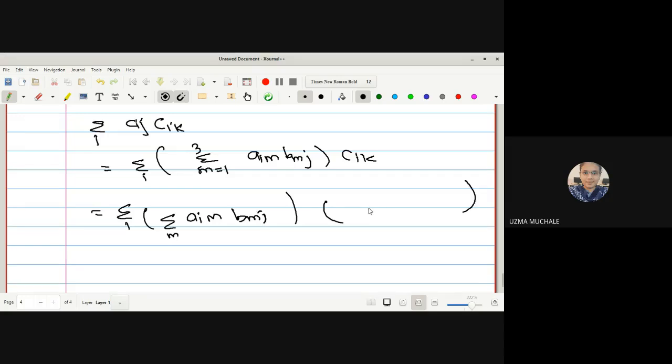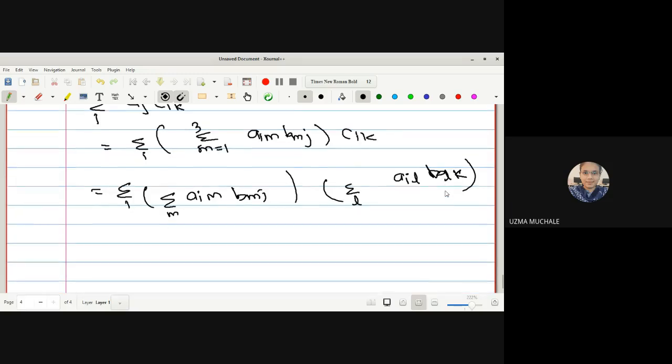For Cik I can write it with another variable, say l, summation over l, Ail Blk. Okay, some new variable l we have to introduce: Ail Blk. i and k stay as they are. The new variable we introduce, we take its summation over l, and that has to be repeated twice.